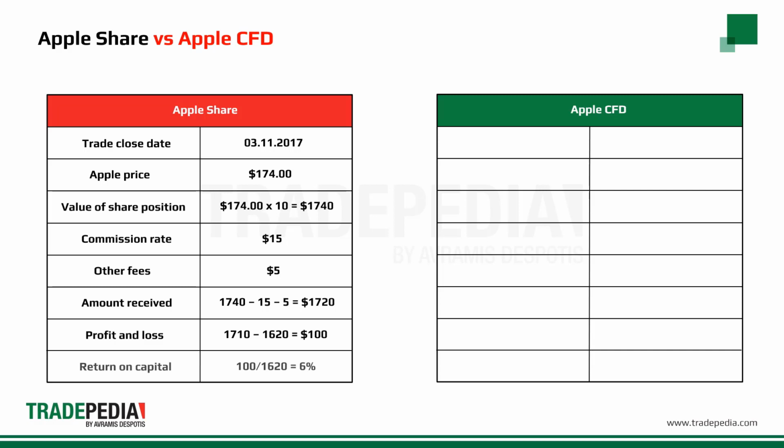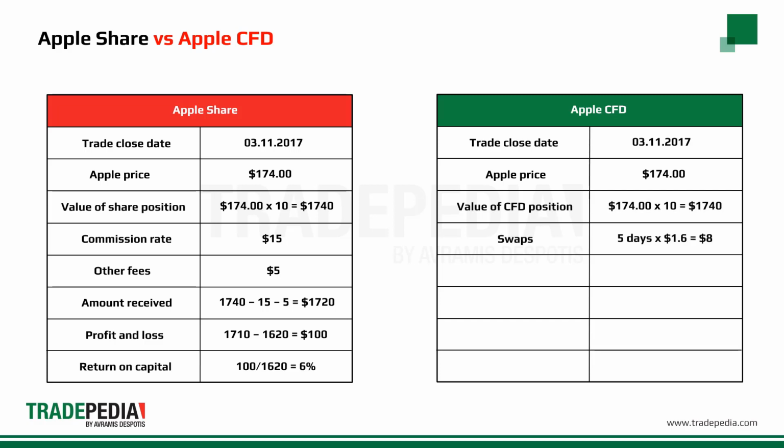Now let's look at what happens when we close the Apple CFD position at the same time. The Apple CFD price has also gone up to $174. The value of our position now equals 10 times 174 equals $1,740. On the CFD, there are no commissions and other hidden fees, but we pay swaps, which is the cost of holding the position overnight.